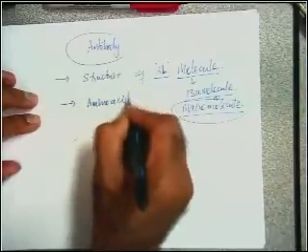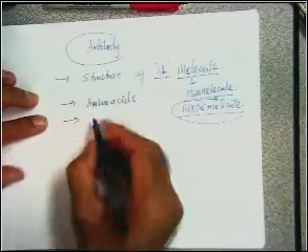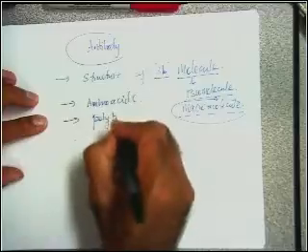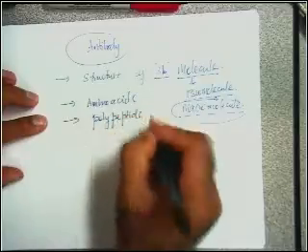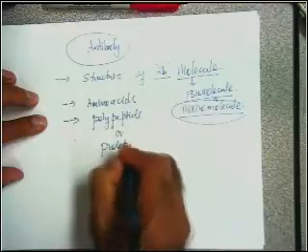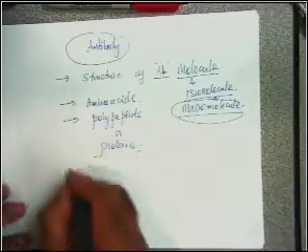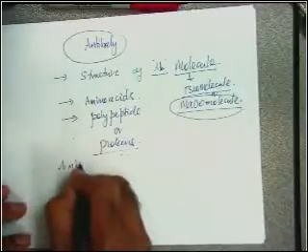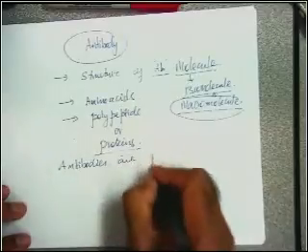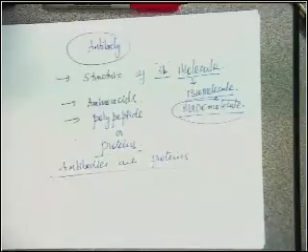In other words, a collection of amino acids is a polypeptide, or we call it proteins. I can say antibodies are proteins. This is the basic stuff.